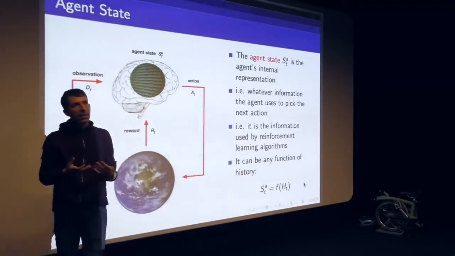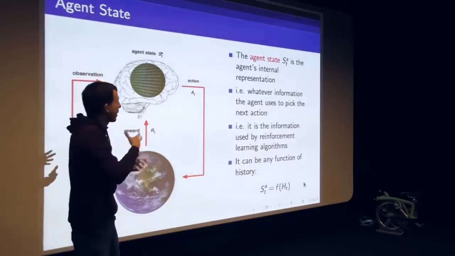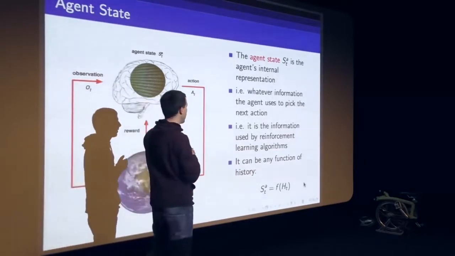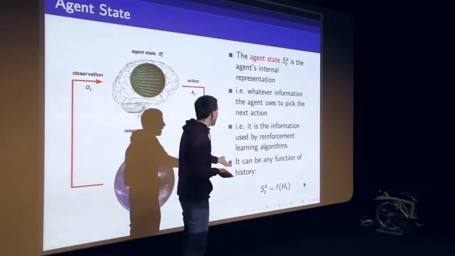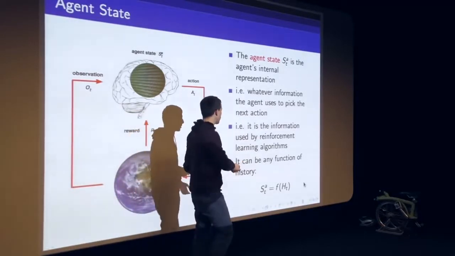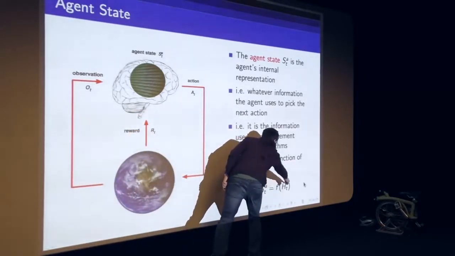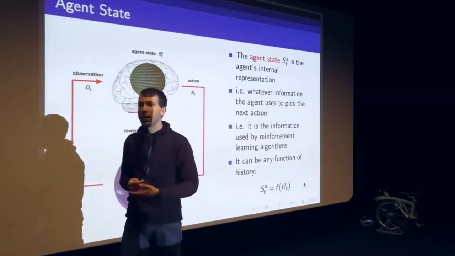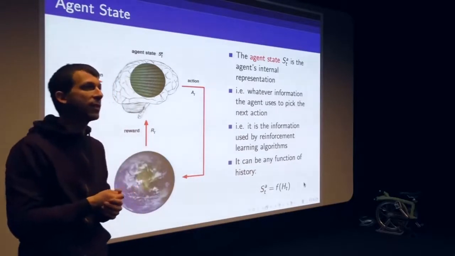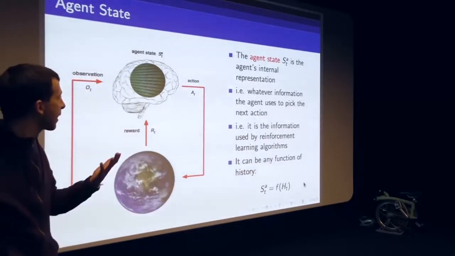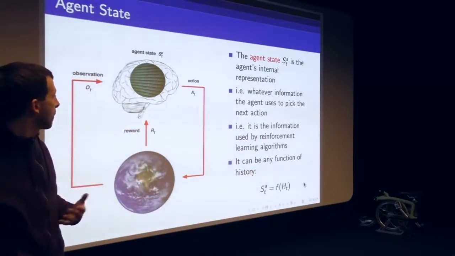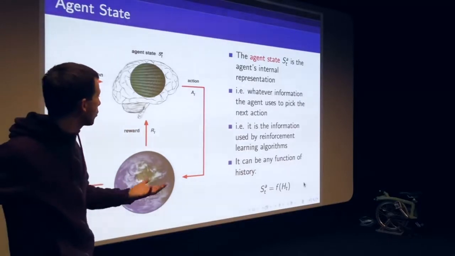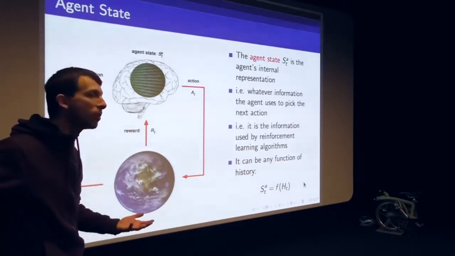That's really our goal: to understand how to pick actions given some state that's summarized everything we've seen so far. And this state can be any function of history. This is our choice. We can build this function. That's part of the agent. The agent gets to decide what this function is going to be, how it's going to convert the history of all of the actions and observations and rewards it's seen so far into a useful, say, vector of information that's going to be used to characterize its future behavior.